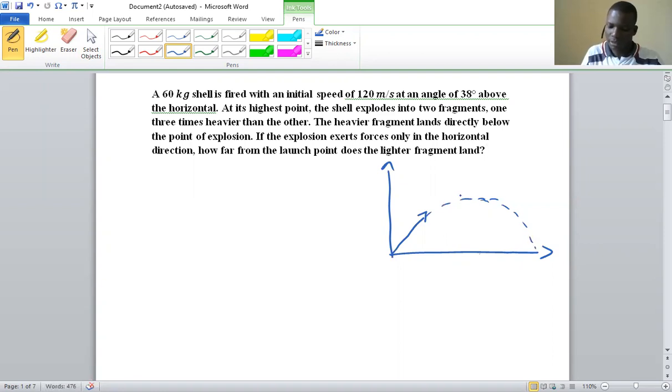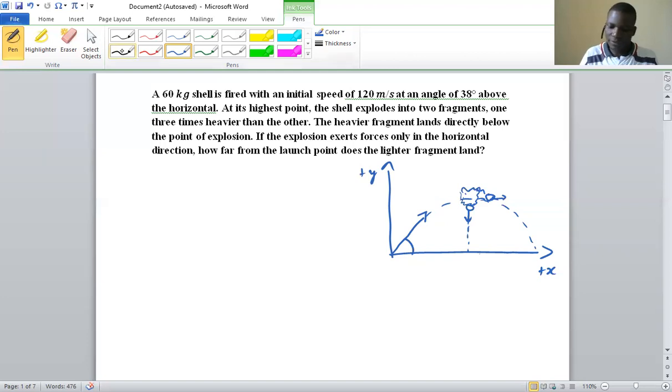This is the highest point where the explosion takes place, and then this fragment moves, and the other one moves vertically. This is positive X, and this is positive Y. This is how I can illustrate this.